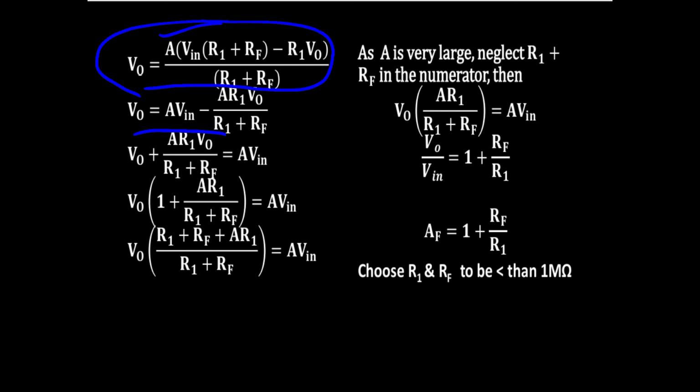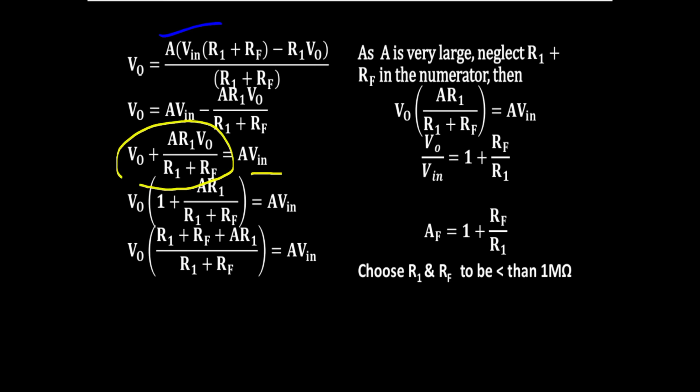Now move the term A R1 V0 by R1 plus RF to this side, then we get V0 plus A R1 V0 by R1 plus RF equal to VIN. Now take V0 common in this expression, so V0 of 1 plus AR1 by R1 plus RF equals AVIN.